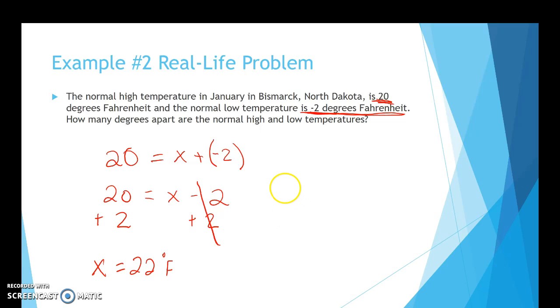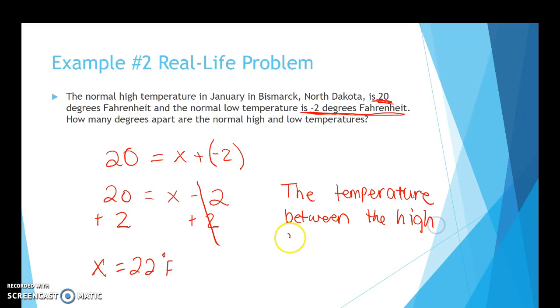So we're going to put that in writing. So we'll say the temperature between the high and low is 22 degrees Fahrenheit.